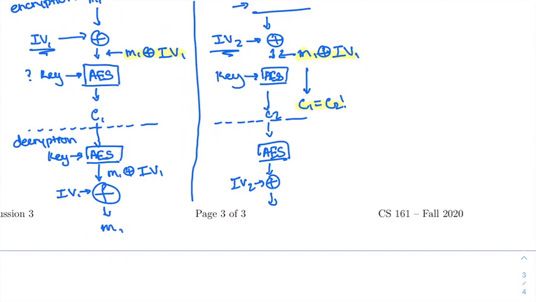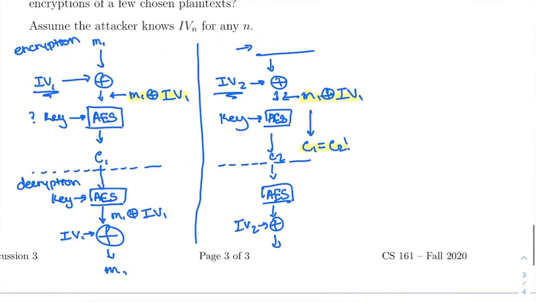The answer to what we fill out here is this: by XORing this value with IV2, we're essentially canceling the two IV2s out, ensuring that the value being passed into the block ciphers are the same.